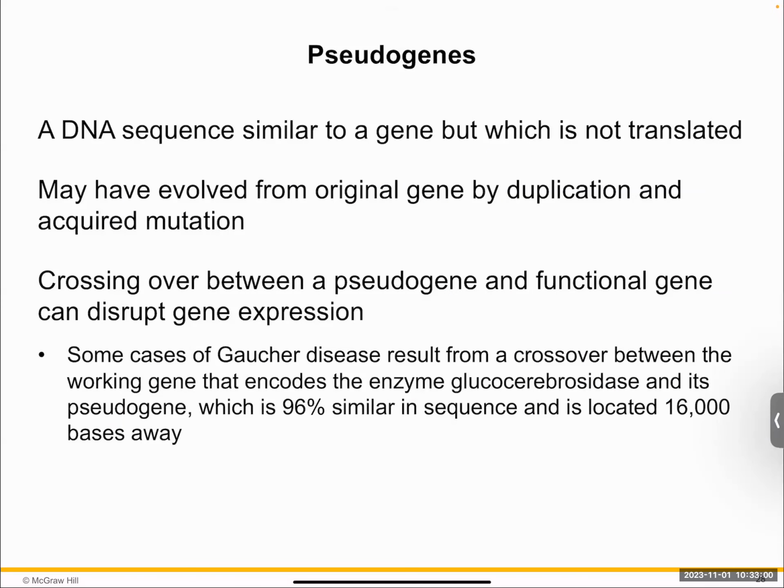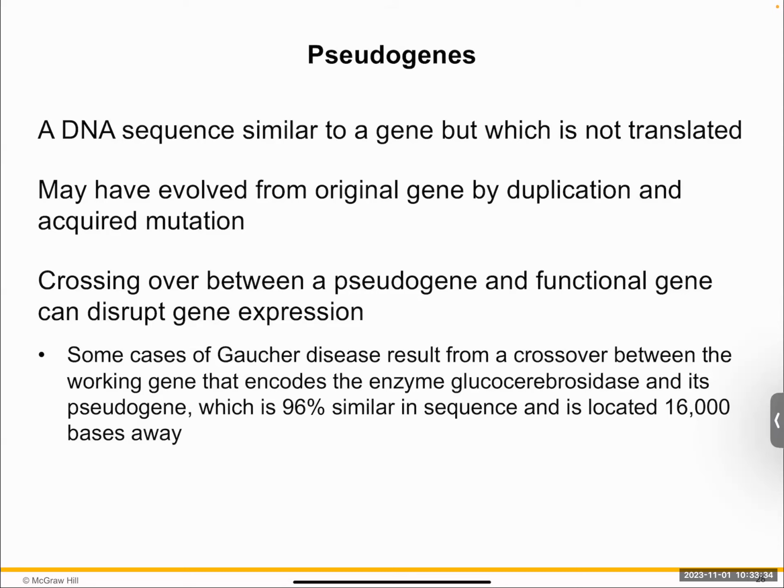Now, we have something called pseudogenes. As the name implies, pseudogenes basically means fake genes. These are DNA sequences that are very similar to our actual genes, but they don't necessarily get translated. Hence the word pseudogene. They look like a gene, but you don't get a protein out of it. Many of these were at some point a gene, and somehow they were duplicated, and mutation occurred in them, which caused them to become pseudogenes.